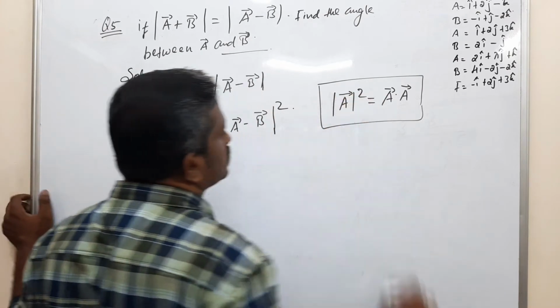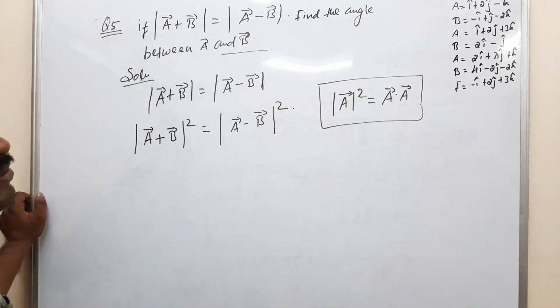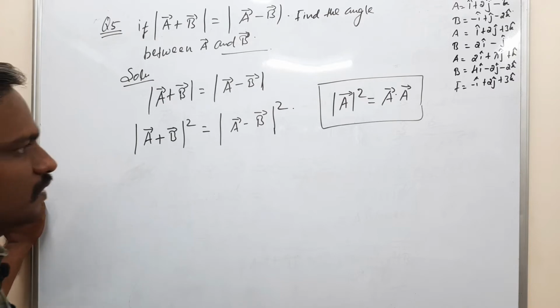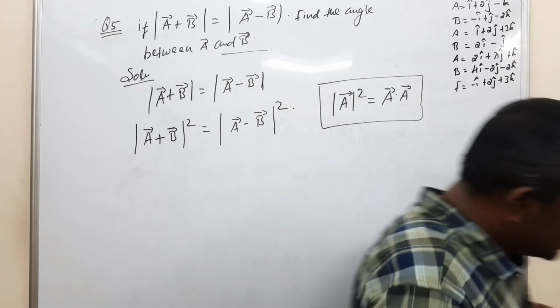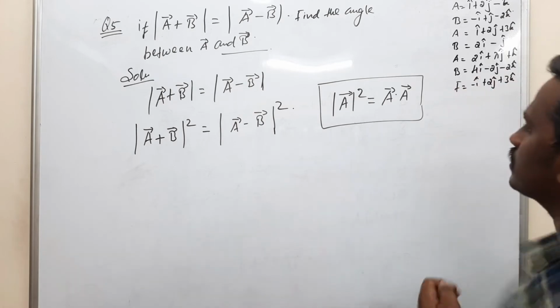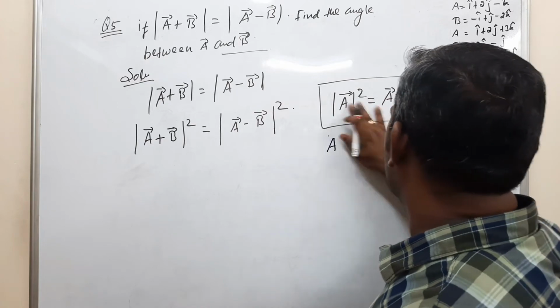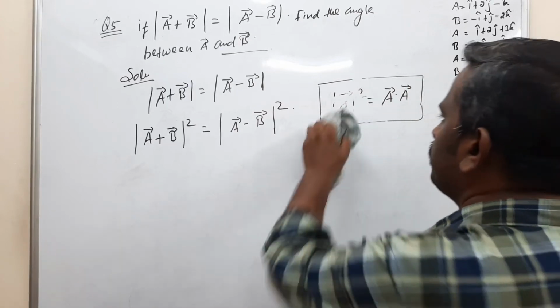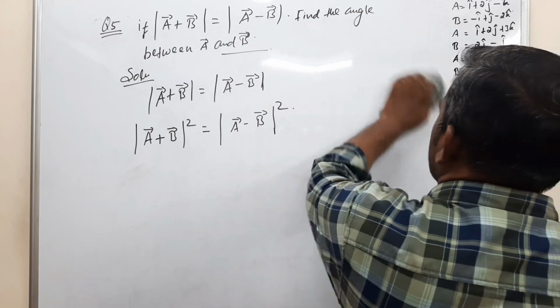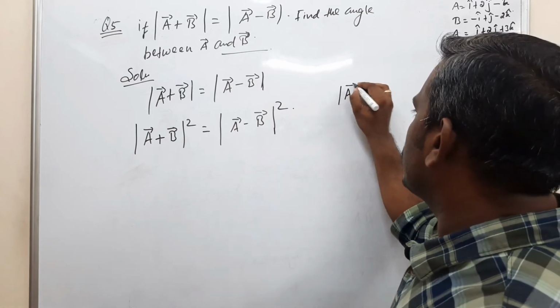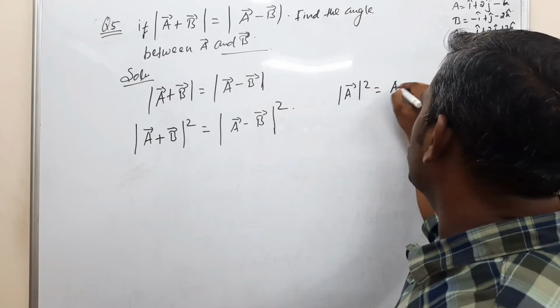The actual result is modulus of A vector square is equal to A square.